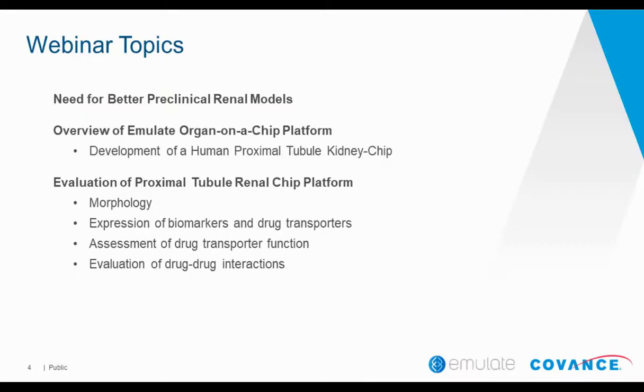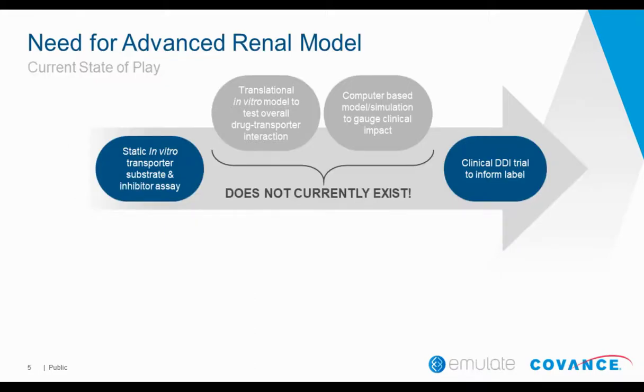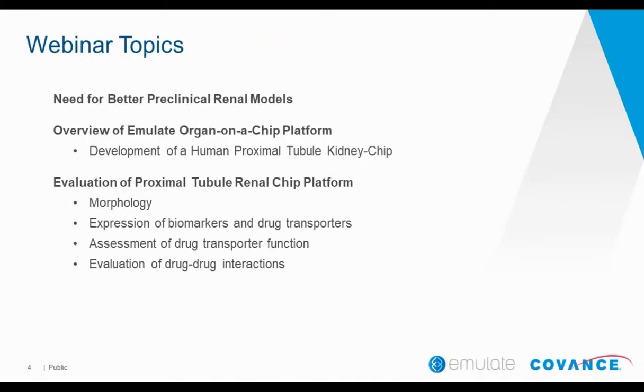So what we'll be reviewing today: I'll give an overview of the need for better preclinical models in the area of drug development. We'll focus on that with regard to a renal chip. I'll hand it over to our colleague KJ to talk about the development of a proximal tubule kidney chip on the Emulate platform.